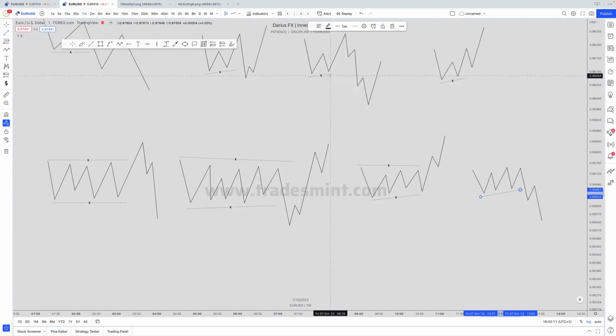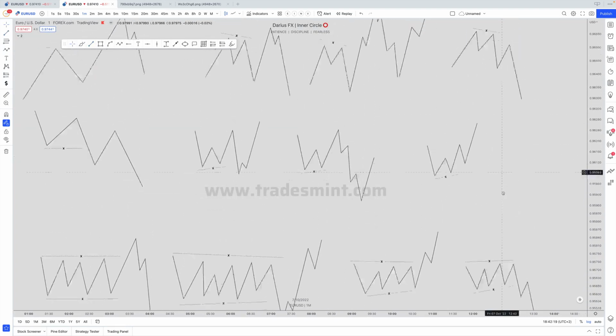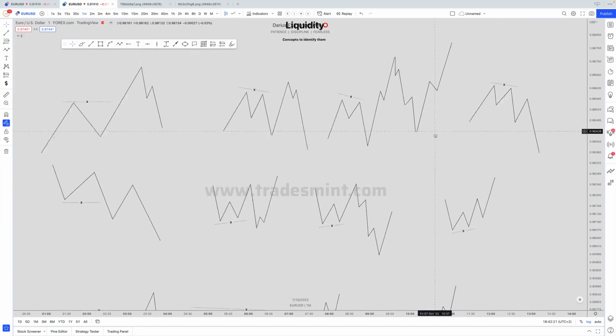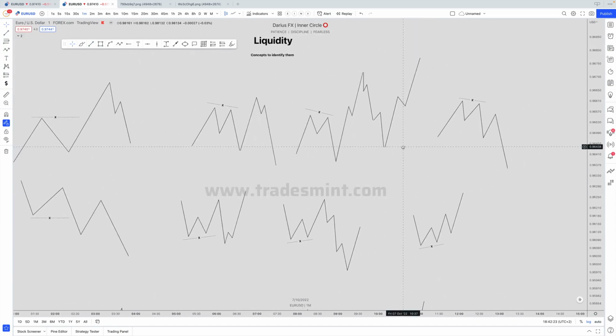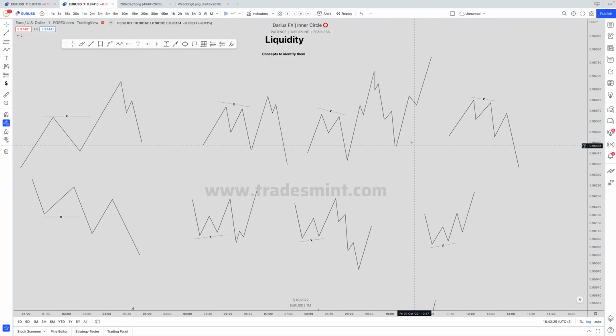I think the concept should be super clear now, because what I just mapped out and these few examples are basically all forms of liquidity that we have in the market. Okay? Just think of every high, but look at this.